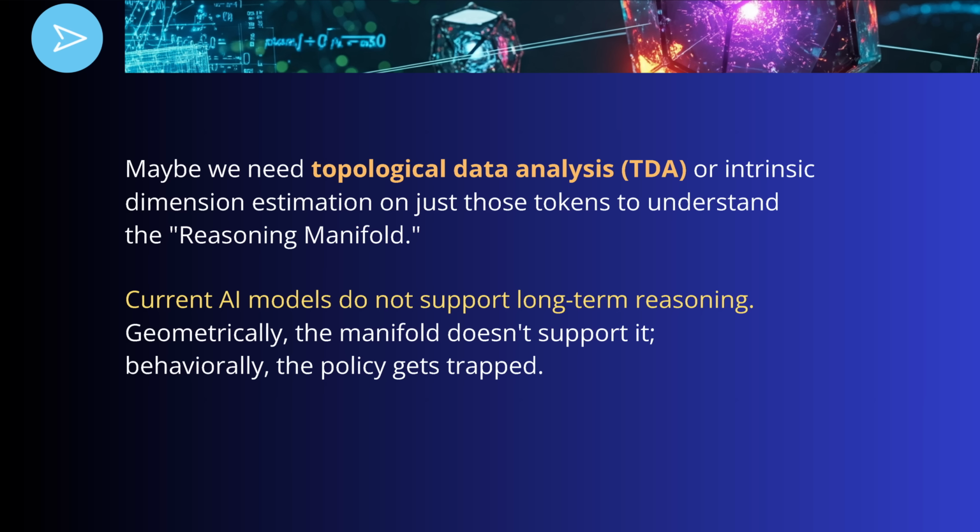Also, geometrically, this manifold does not support long-term reasoning at all. And if you look at the behavior of the AI system, the AI policy, the strategy of the AI in planning gets trapped in local minima or maxima and is unable to perform a long-term reasoning. So now we understand more and more that our current AI models are not able to have a long-term reasoning.